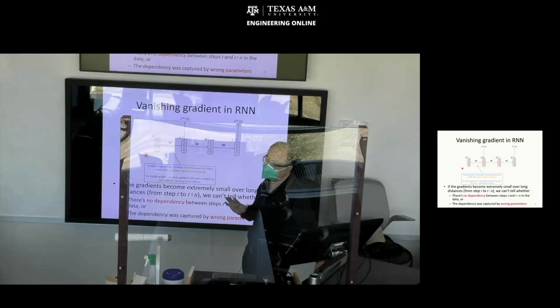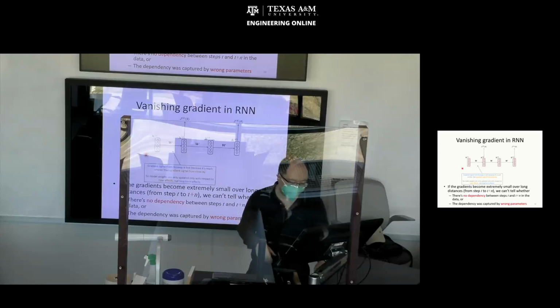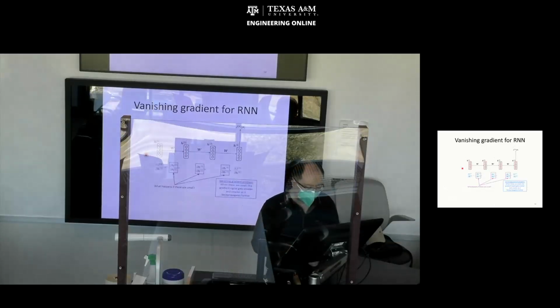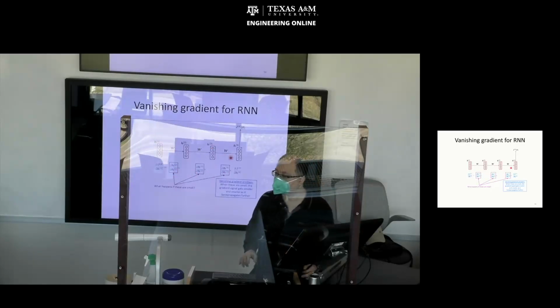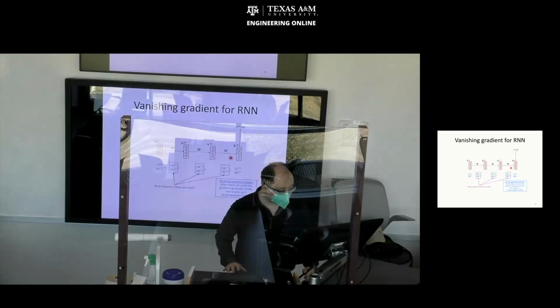So you don't want to see the vanishing gradient problem occurring. Any questions so far? You see now why it's a bigger problem for RNNs. Don't forget, all these partial derivatives have the same w involved.